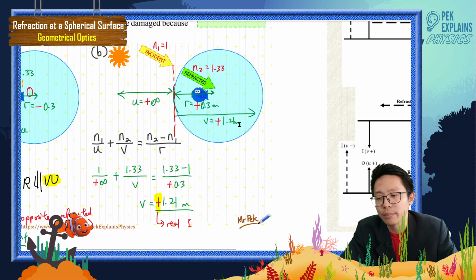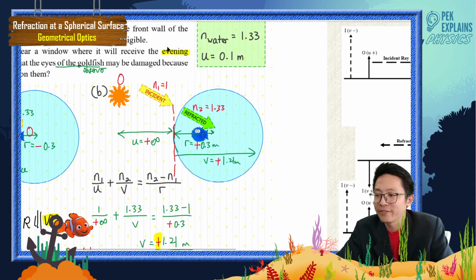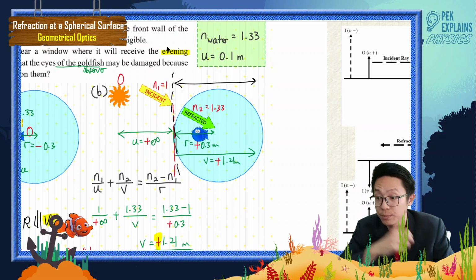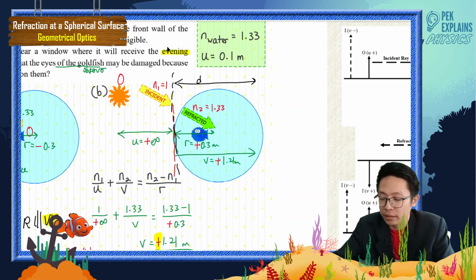So how long is 1.21 meter? Is the light focused inside the water? How big is the sphere? We need to look at the radius. The radius is only 0.3 meter. The diameter of the whole fishbowl is 2 radius, which is 0.6 meter.